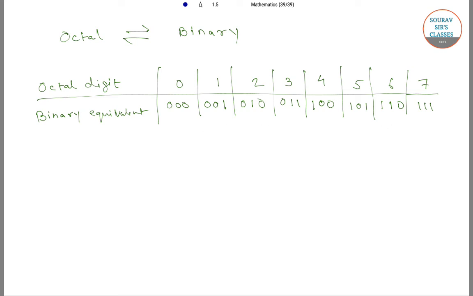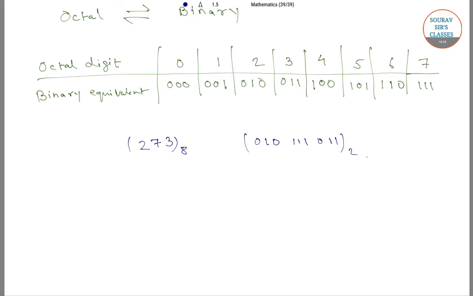Suppose we have to convert the number 273. Then the binary equivalent of 2 is 010, of 7 is 111, and of 3 is 011. So its binary equivalent is 010111011.